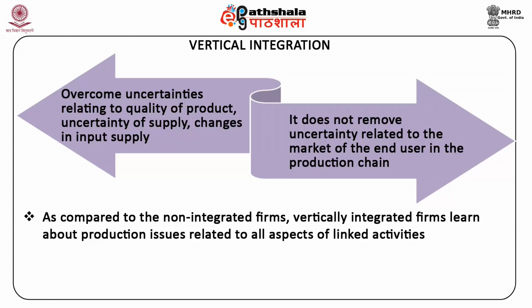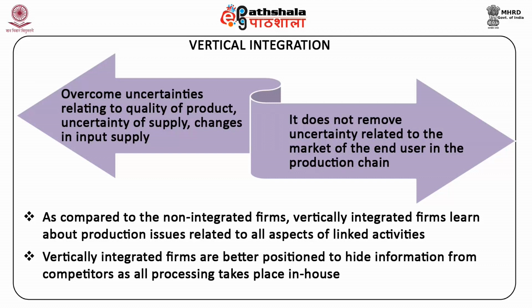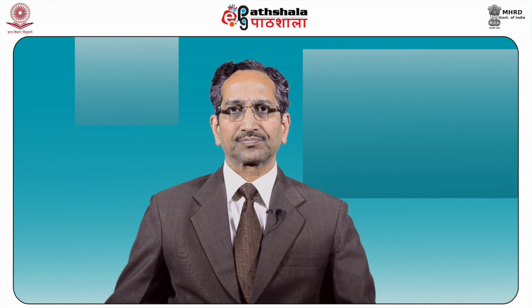And secondly, vertically integrated firms are better positioned to hide information from the competitors as all the processing takes place in-house. Market power. Market power enables the firm to raise prices above competitive levels in product markets.